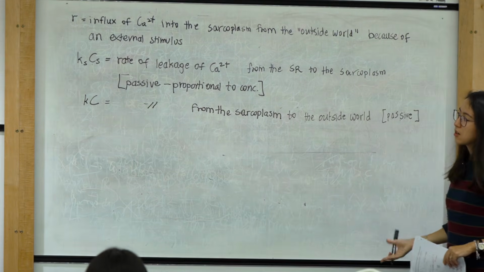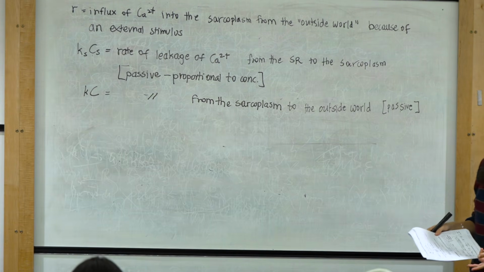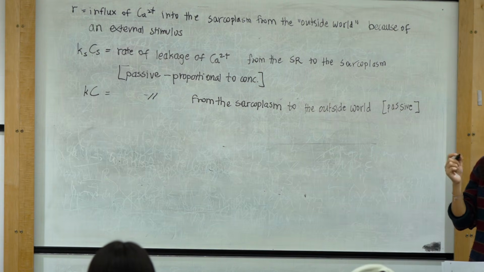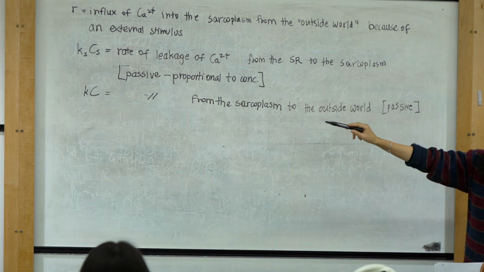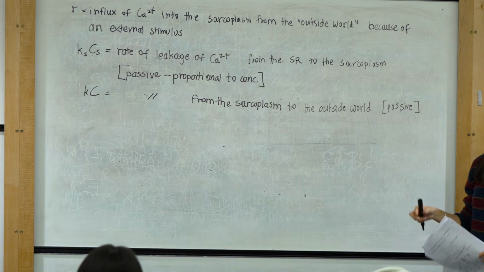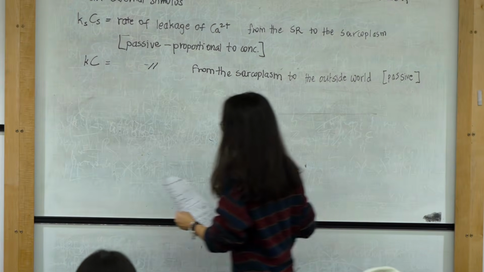Now I will use the law of mass action to write down the two differential equations we have. The differential equations that we will need are how the concentration CS is changing and how the concentration C in the sarcoplasm is changing with time. So we'll have two differential equations, and those are given by the following.